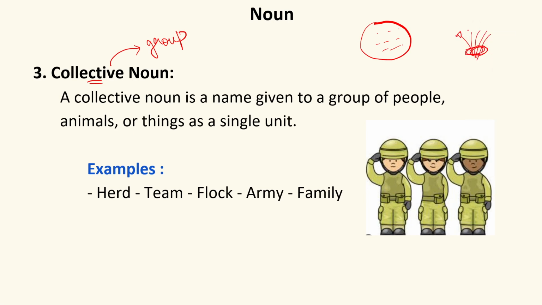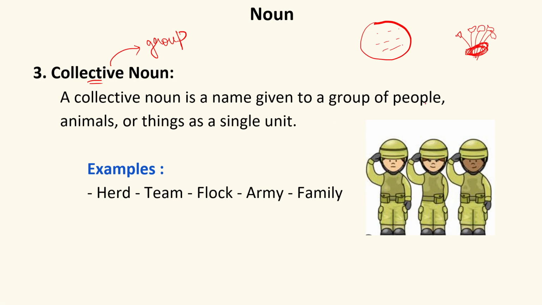we have some flowers over here. These are some flowers. Whenever we collect them and make a bouquet of flowers, this bouquet is known as collective noun. So collective nouns are actually the groups formed by collecting common nouns of the same category.